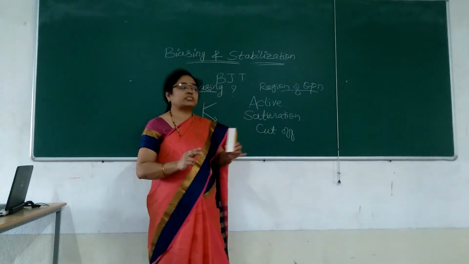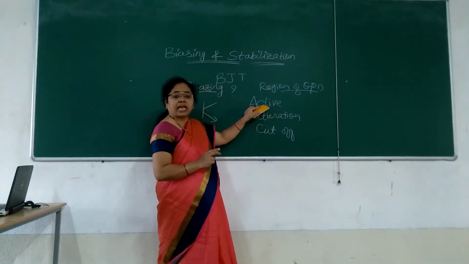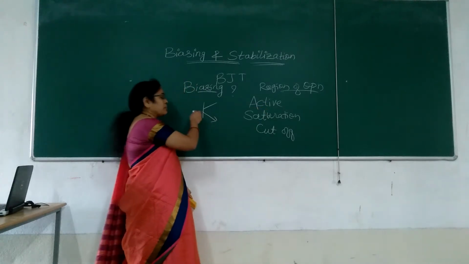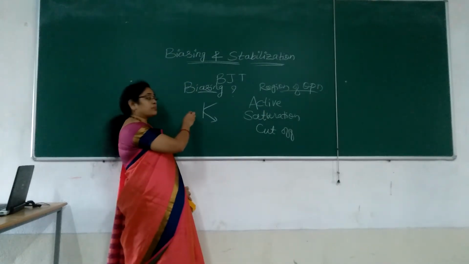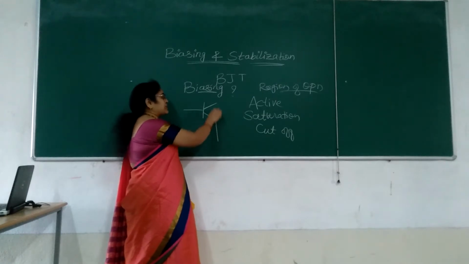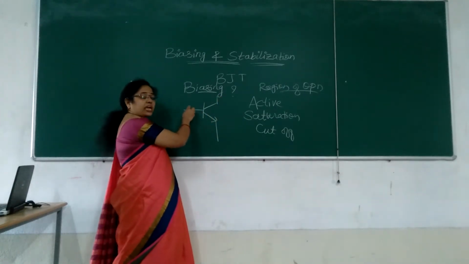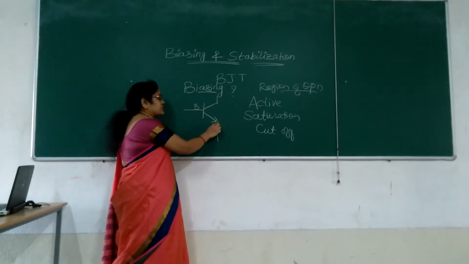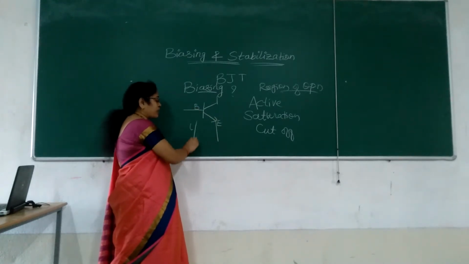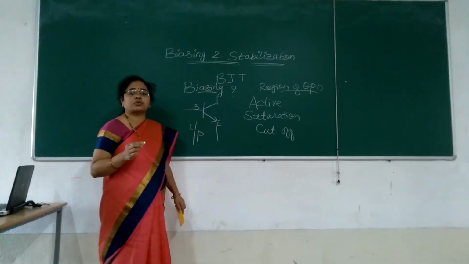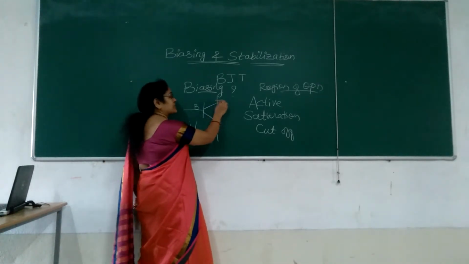For the transistor to be operated in active region, consider the input side. See, this is base, emitter and collector. The input side is the base emitter junction; this is the side where we actually give the input, and over here we take the output.